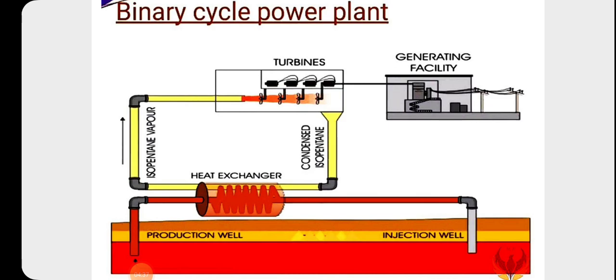We can increase the efficiency by using a heat exchanger, which increases the temperature of the water or steam, and again it is used to rotate the turbine and provide mechanical power to the generator.